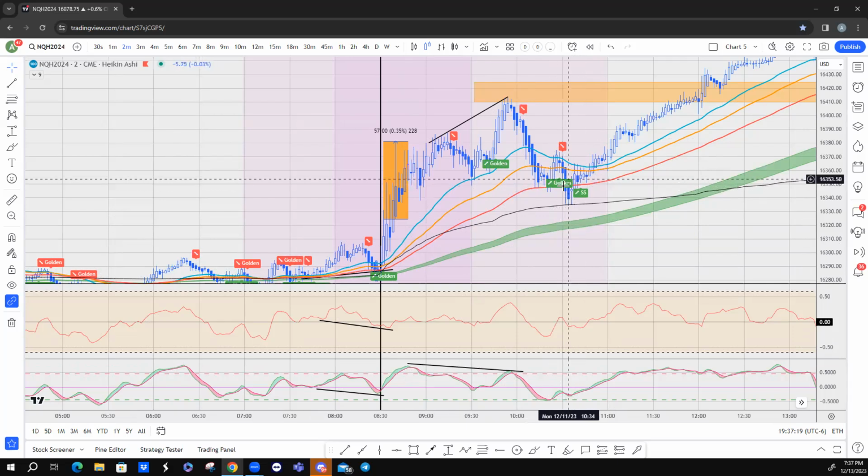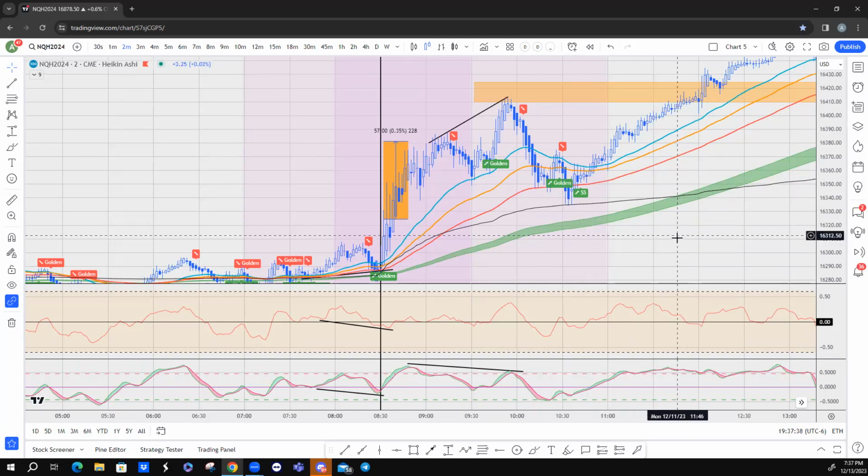And then instead of having two signals here, it'll just show one. That's what I like to do. So from here, this is a nice slingshot. You can kind of see the bands getting close together. And then the slingshot signal came, which was the trigger, and price took off.